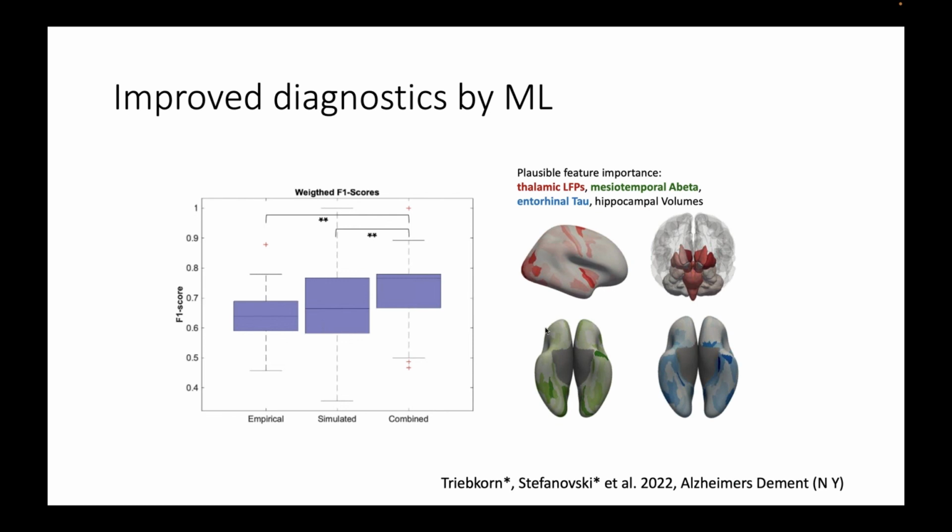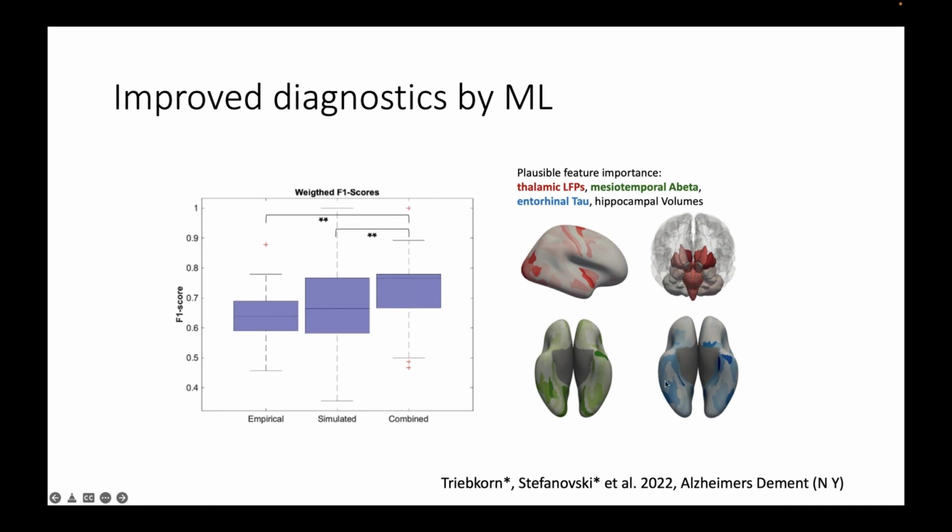And here this was the case, because from the frequency we saw, for example, typically occipital frequencies and thalamus frequencies, which are part of the rhythm generator, and also the occipital lobe where typically the alpha rhythm takes place. The A-beta and tau features also made sense.